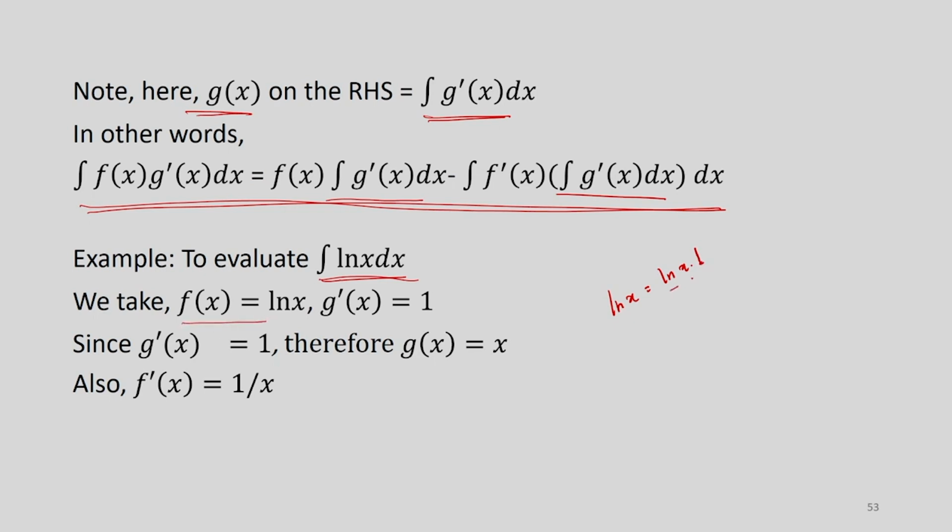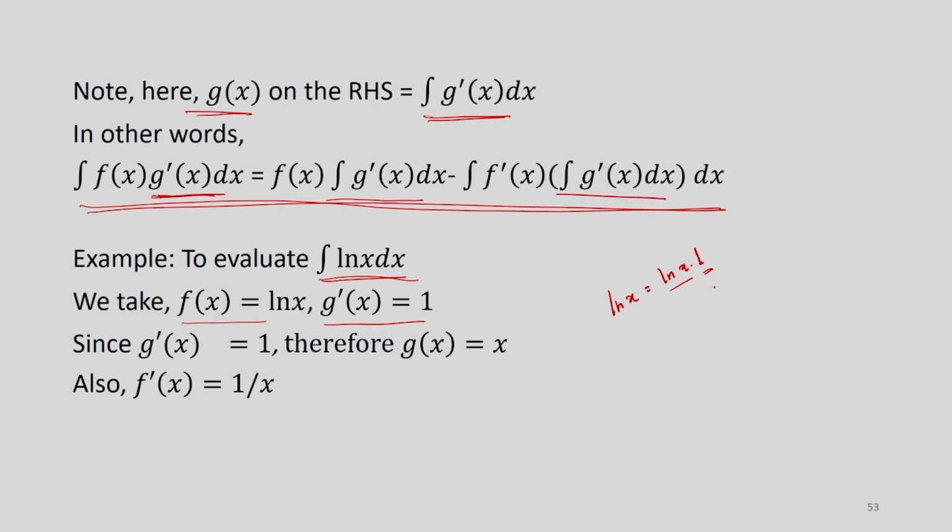Imagine this log natural x as f x, and the second term is what? 1, right. And 1 therefore is this g prime x, which is there in the formula of integration by parts. So, 1 which we have sort of imagined there, of course, any number multiplied by 1 is that number itself.